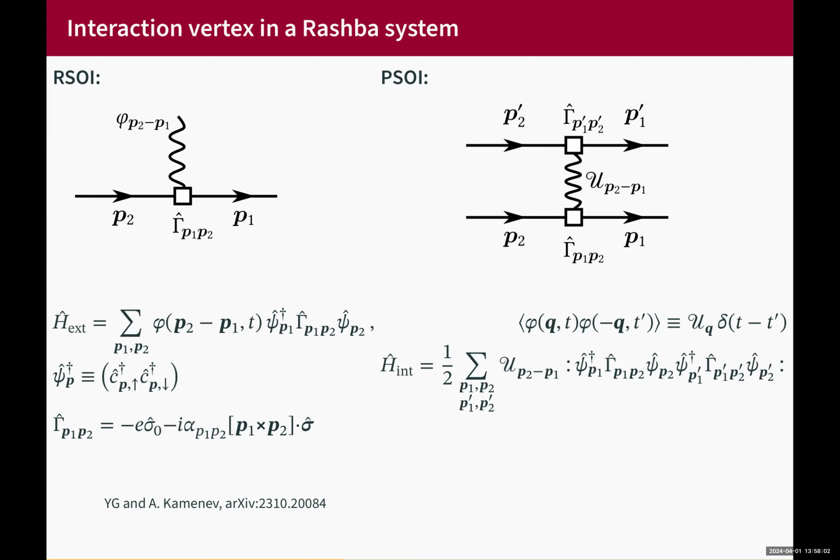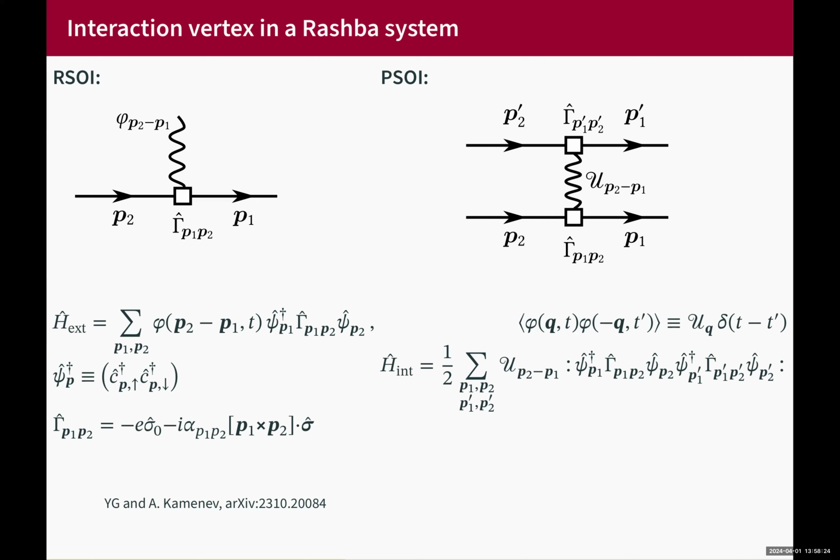Essentially, the only simple step that we are doing here is that we allow this potential to fluctuate. And when it fluctuates, there is a correlation function of this potential, which is nothing but your Coulomb interaction, which is 4 pi over q squared in 3D and 2 pi over q in 2D.